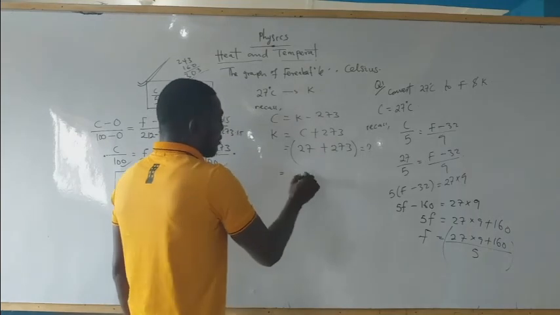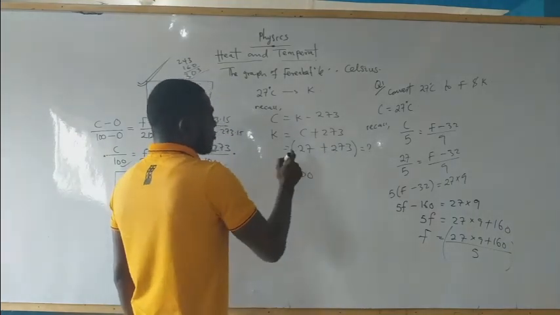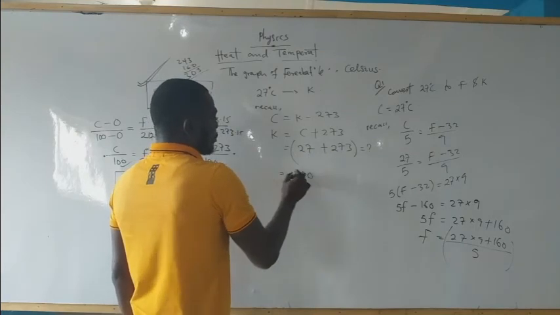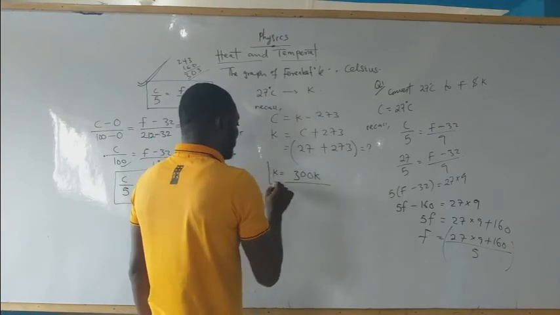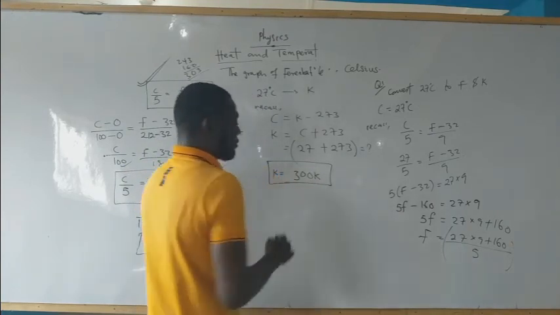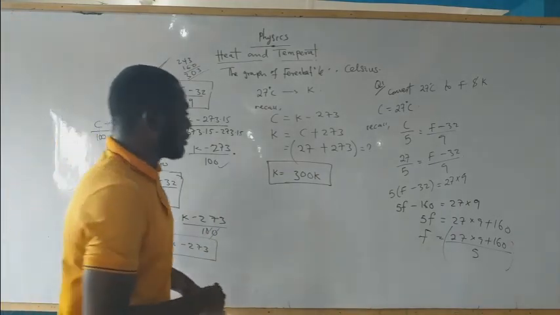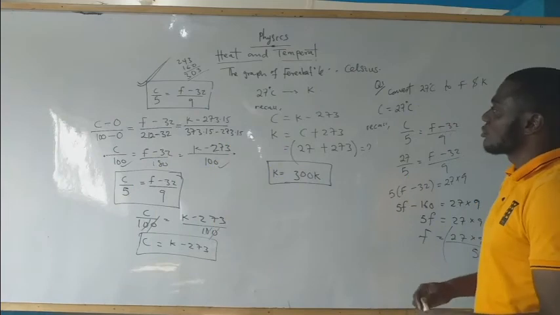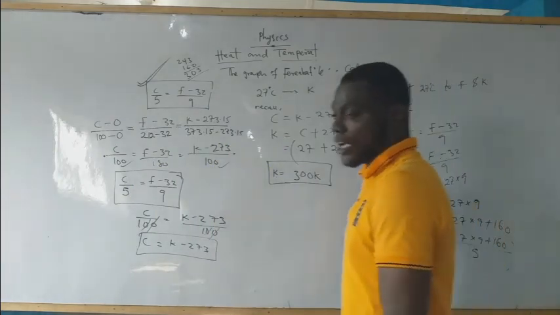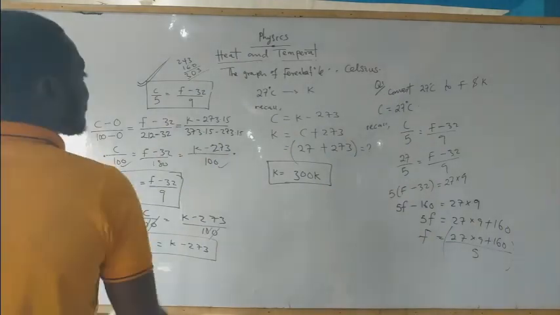That's 300 Kelvin. That will be the temperature of 27 degrees Celsius in Kelvin.